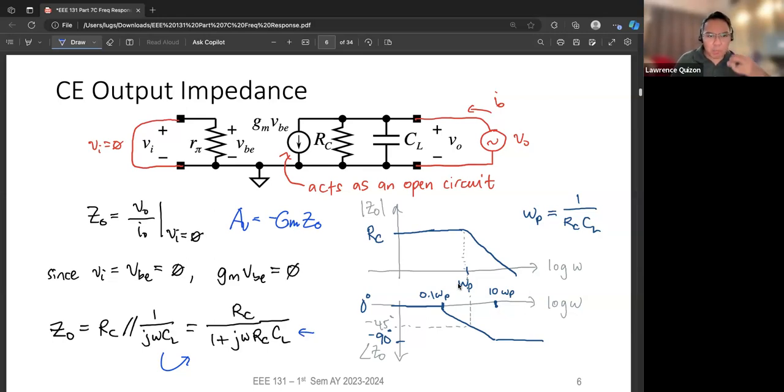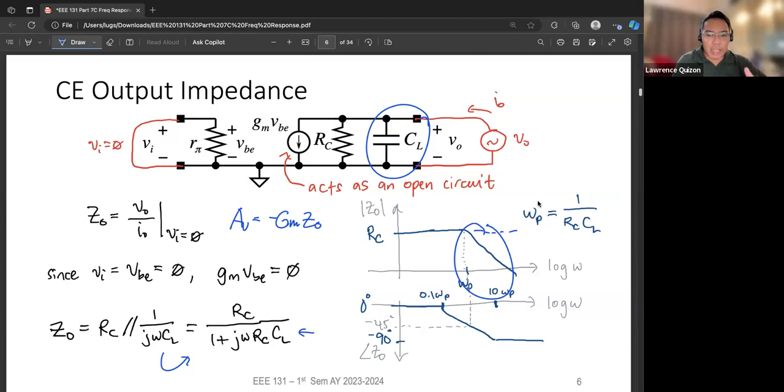All right. So basically, when we added the load capacitance, we made the output impedance complex, right? We made it RC parallel a capacitor. And what that did is it forced RC to go down at high frequencies, which is what you expect. An RC system versus an R alone would just be straight like that.